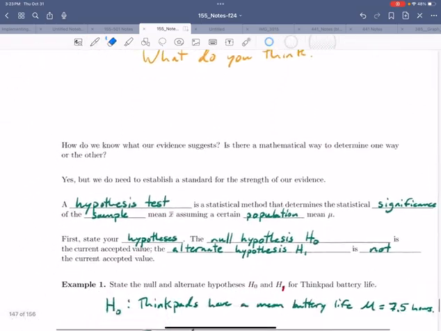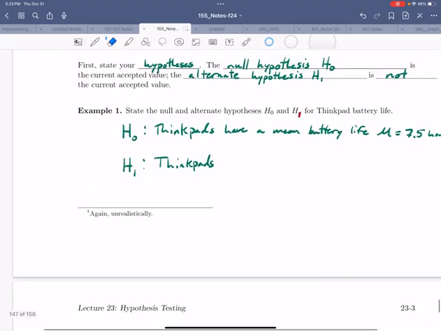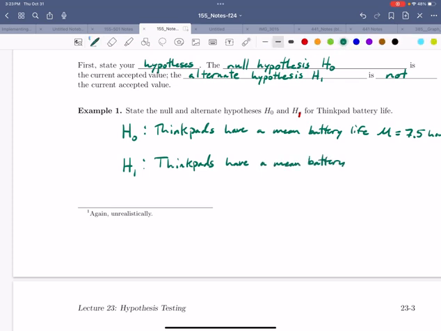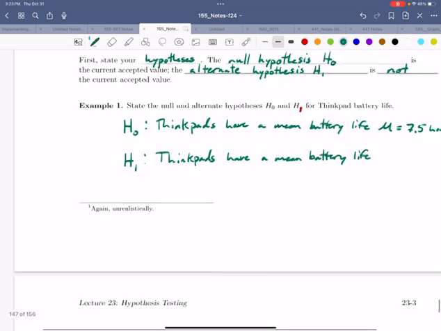I wasn't very specific about this, but I'll be more specific in the future. So let's just say ThinkPads have a mean battery life mu less than 7.5 hours. That's the alternate hypothesis.